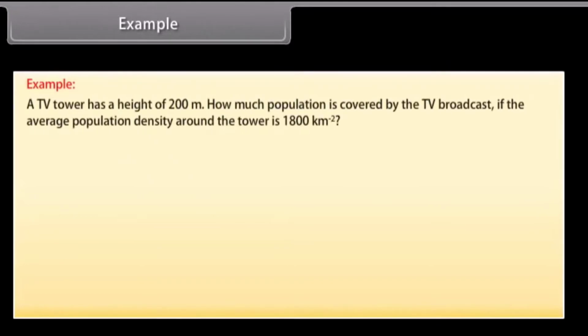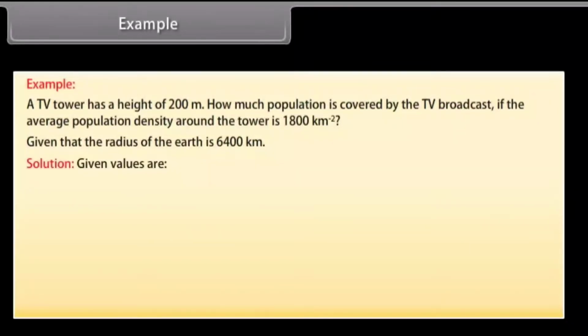Example. Let's take an example. A TV tower has a height of 200 meters. How much population is covered by the TV broadcast if the average population density around the tower is 1800 per km square? Given that the radius of the Earth is 6400 kilometers.